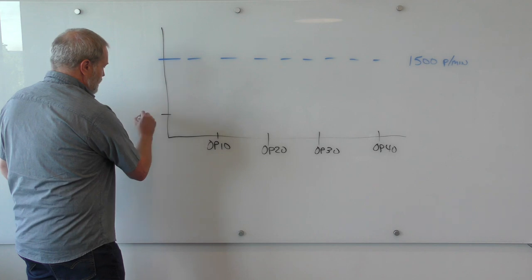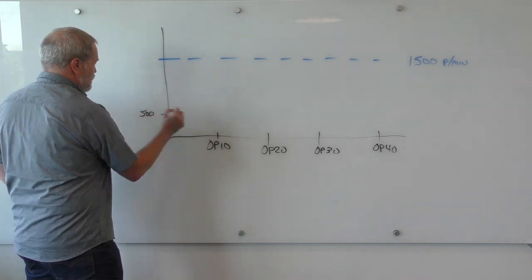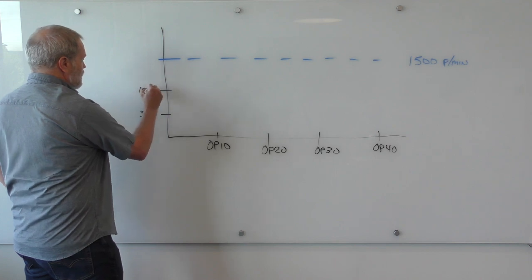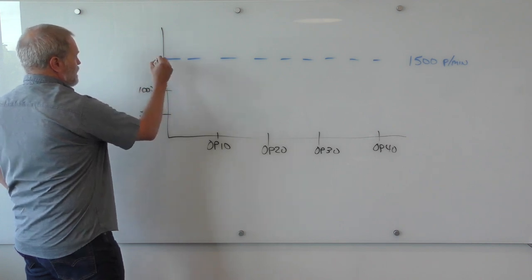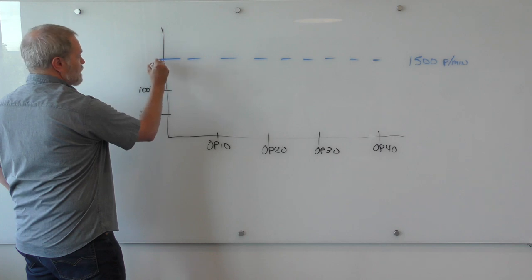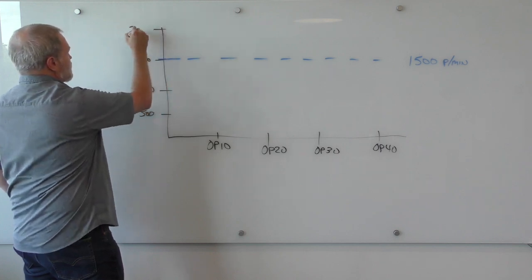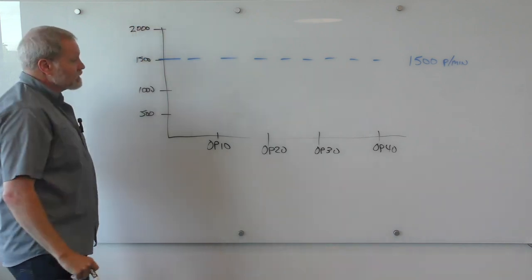So we can say we've got 500 parts per minute, 1,000 parts per minute. So this would be our 1,500 parts per minute and 2,000 parts per minute.